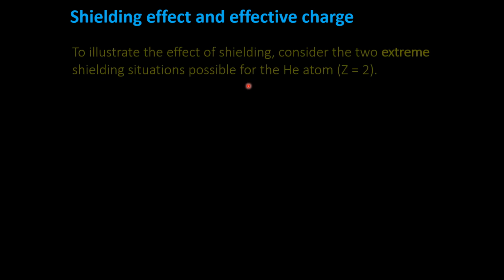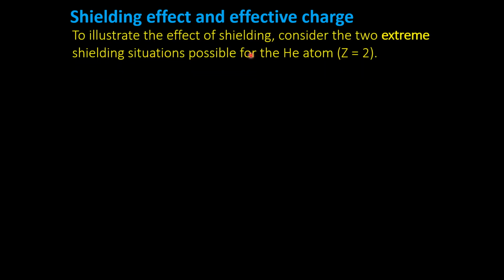To illustrate the shielding effect, we will consider the two extreme shielding situations possible for the helium atom. Helium is at one extreme of the periodic table, with Z equal to 2. As we know, in an atom we have two types of electrons: the core electron and the valence electron.